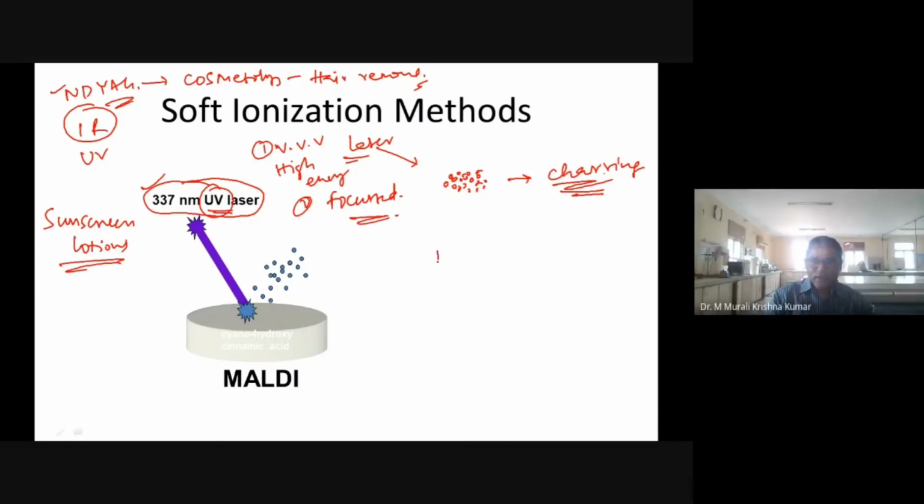In sunscreen lotions, the compounds have a highly conjugated structure connected to lipids and long chain fatty alcohols esterified onto substituted cinnamic acids. This is one of the very popular UV protecting agents.